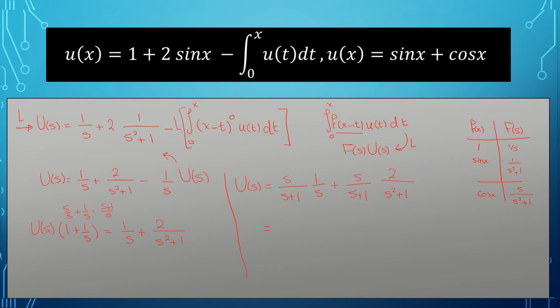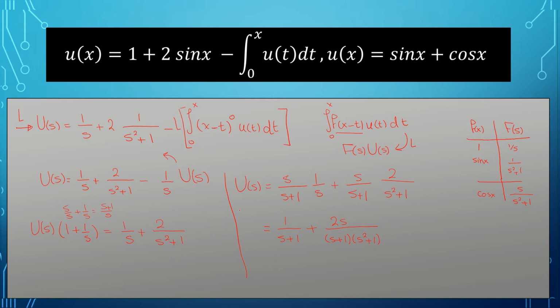And this will give us, the s cancels with the s, so we get 1 over s plus 1 plus 2s over (s plus 1) times (s squared plus 1).